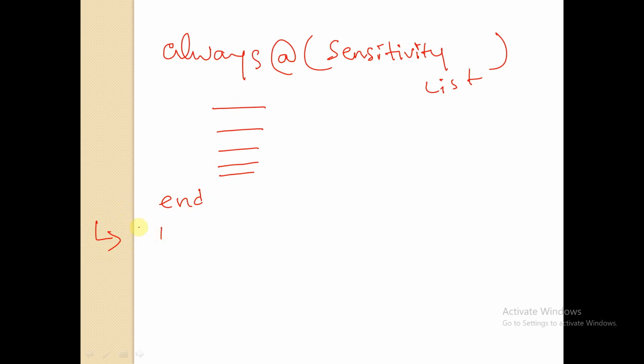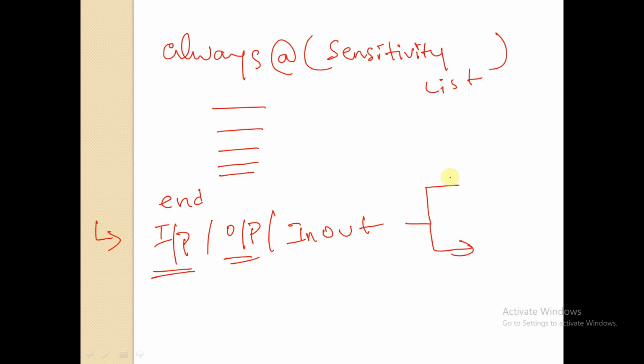My next question is on the sensitivity list only. Can the sensitivity list be of input? My statement is, the sensitivity list can contain input, output, and inout.